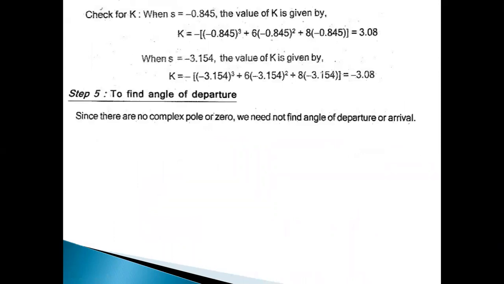Now, when S is equal to minus 0.845, if we observe, the K value is a real and positive value. If we observe S is equal to minus 3.15, the K value is a negative value. The K value cannot be negative. The gain value is always a positive value.